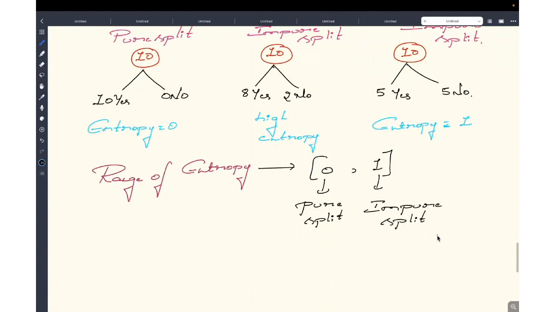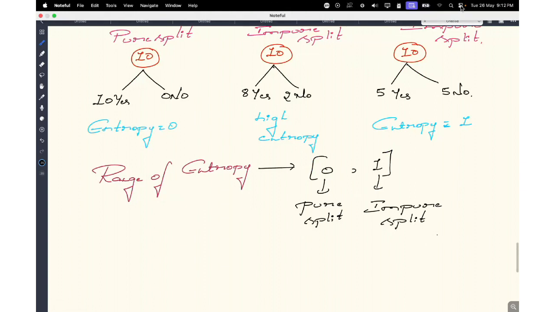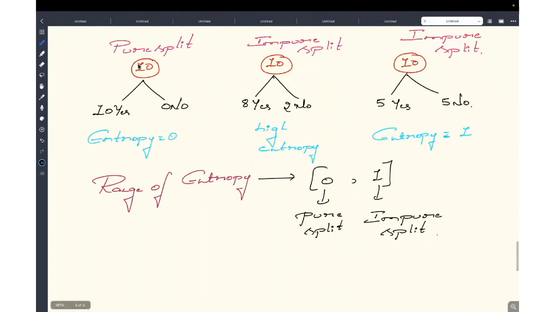Which split is best for a decision tree? For making decisions, obviously a pure split. If you get a pure split, you can directly see that the probability of going on the trip is very high, since all 10 people said yes. In this case our data is already balanced, so I'll show you with an example, don't worry.